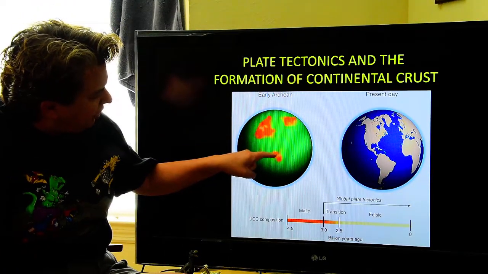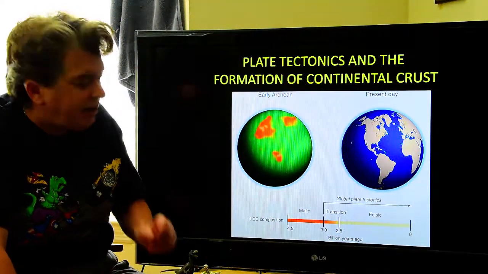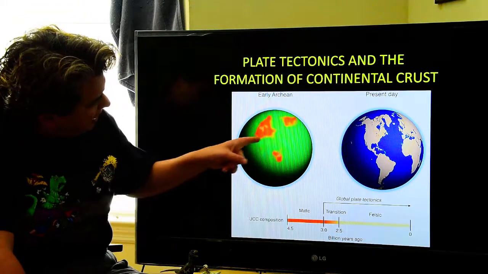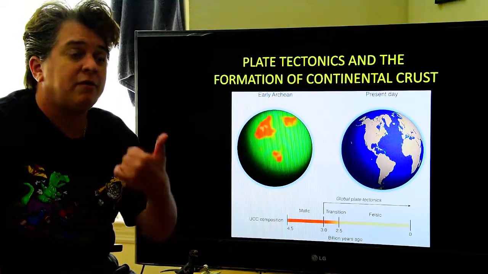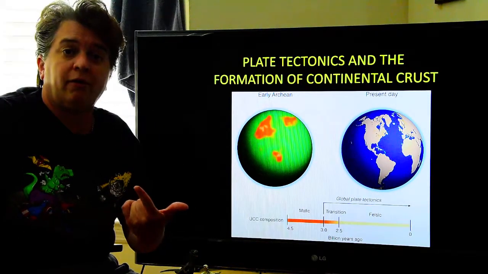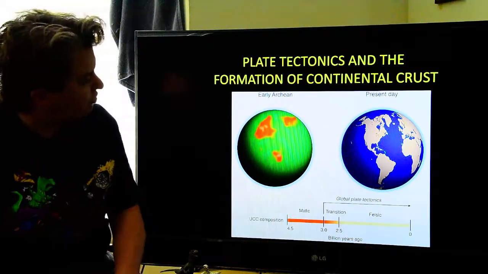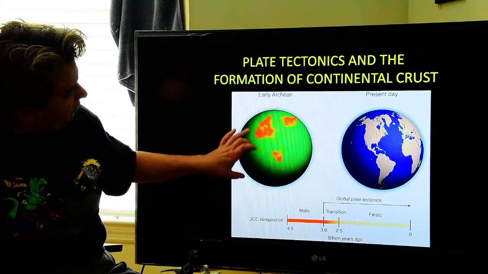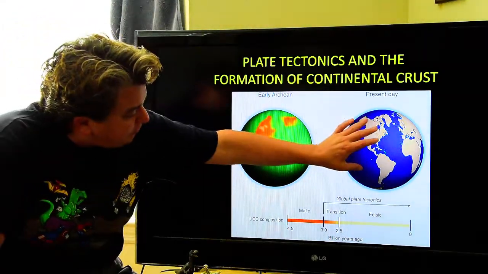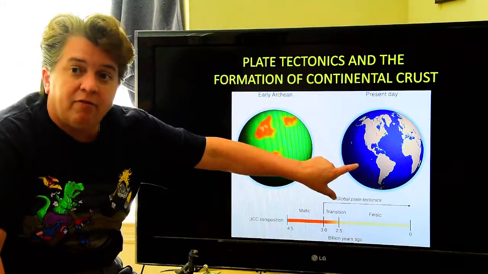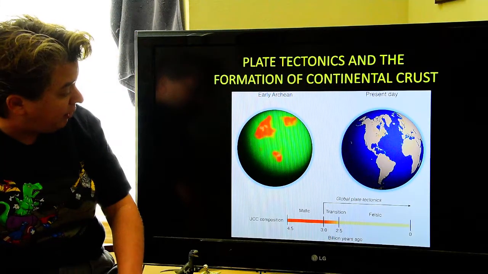We'd have these tiny little bits of early continental crust, tiny little areas, and they'd be floating around in this green ocean. And the ocean's green because our atmosphere is different and there's a whole lot of dissolved iron in those oceans, which actually changed the color of the oceans. So it'd be looking down on this weird little green planet with tiny little bits of continent, which is very different from today, where we now have blue oceans and larger continents that have developed.